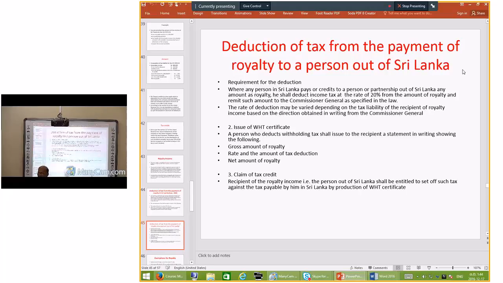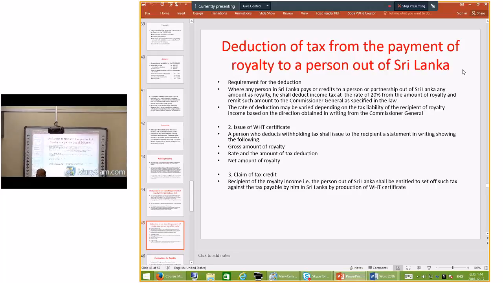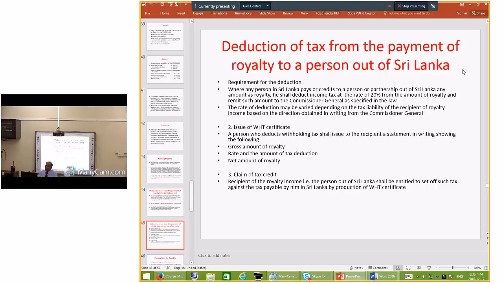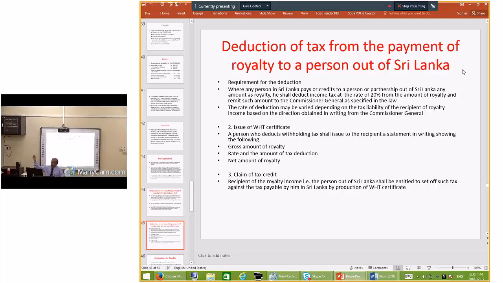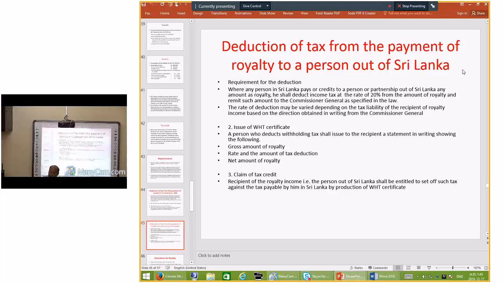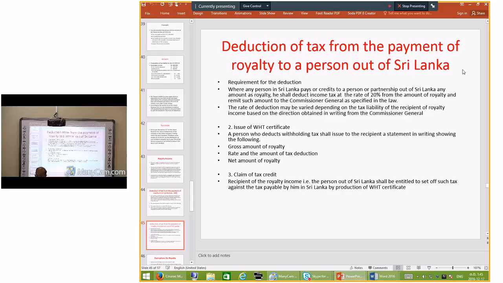If we receive gross income, that is his gross income. In some cases, if we receive royalty from another country, the paying country's tax administrator has deducted taxes, right? In such cases, they issue a certificate.